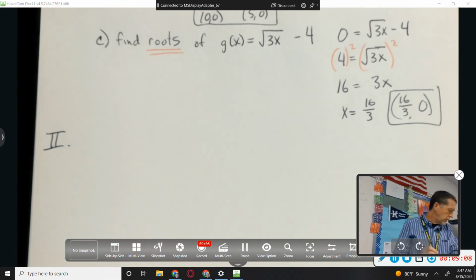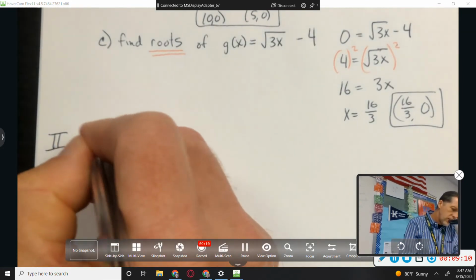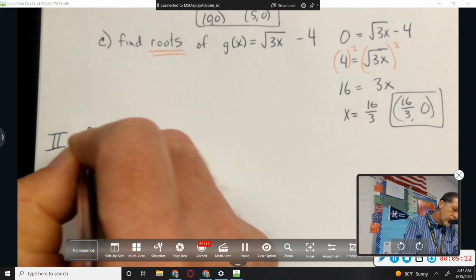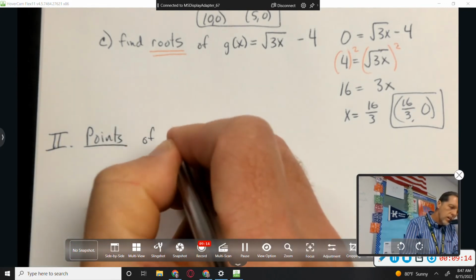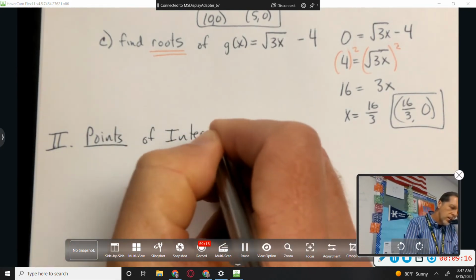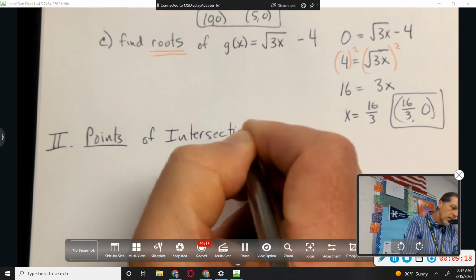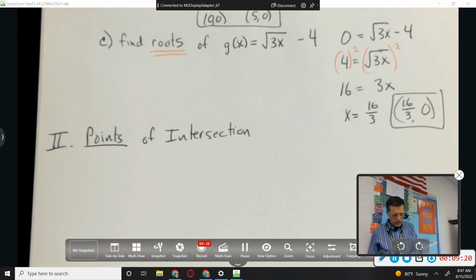Roman numeral 2. Points of intersection.